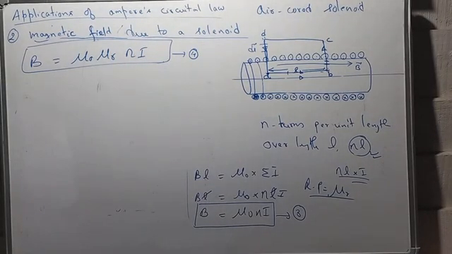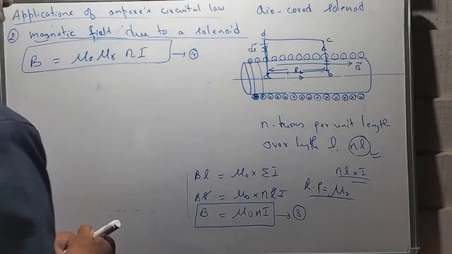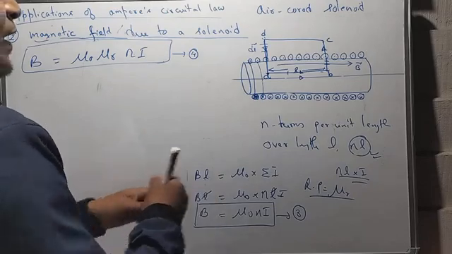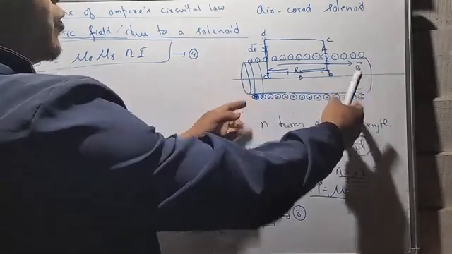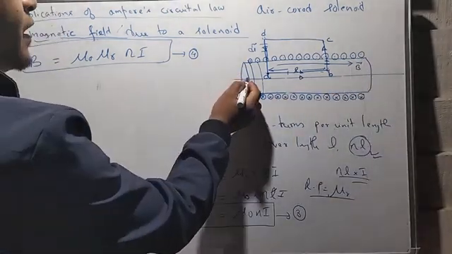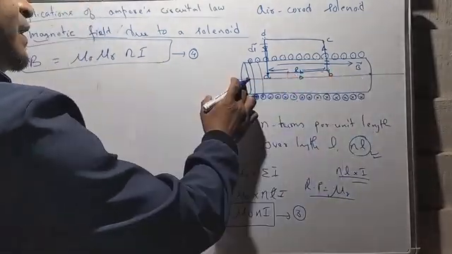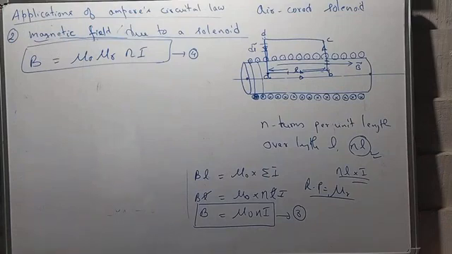All right. Another point to be noted here is this: near the ends of an air core solenoid, that means at this end or at this end, the magnetic field is different.